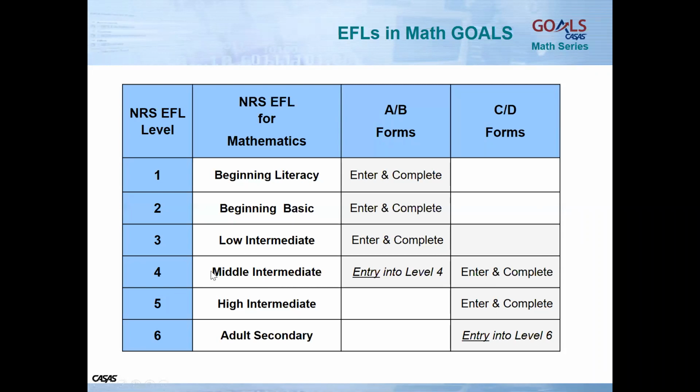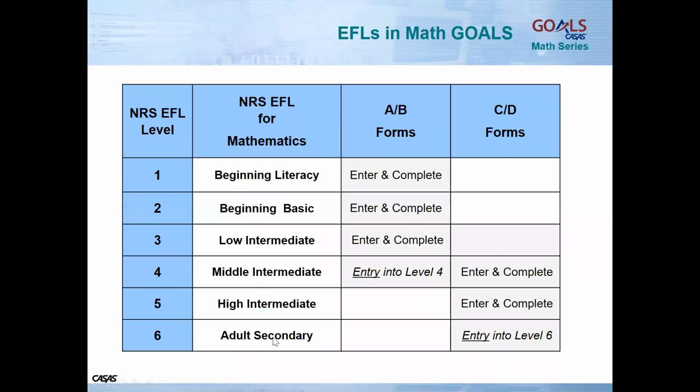The way they are different is in particular this fourth level, where there's something called middle intermediate, which does not exist in the NRS levels for reading. So there are 3 intermediate levels in math and only 1 adult secondary level in math.